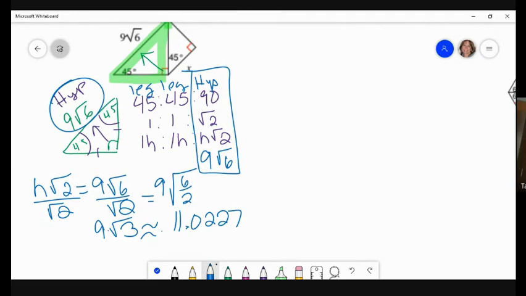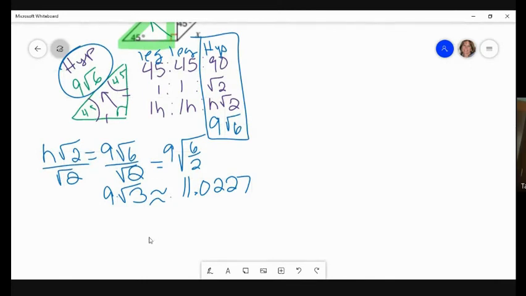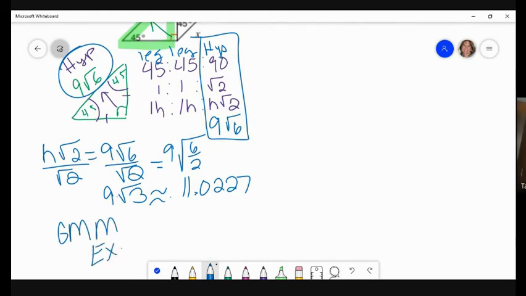Again, all I did. Now, one of the things I will give you a little tidbit on Get More Math. If they are asking for the exact value, you would have entered in for this one just the 9 square root 6 divided by the square root of 2. Okay, so if it's Get More Math and they're asking for that exact answer, just type it in just like that.